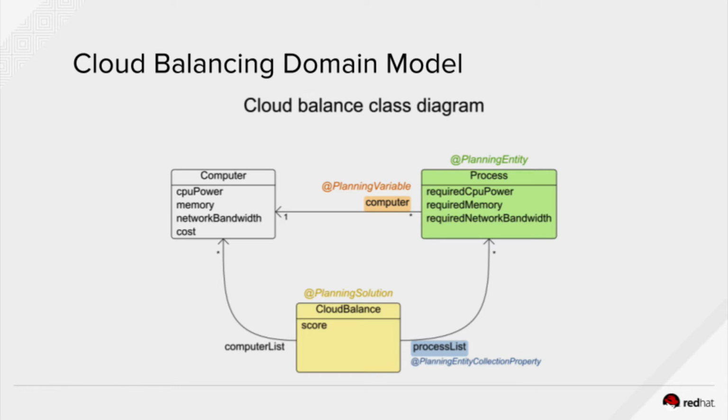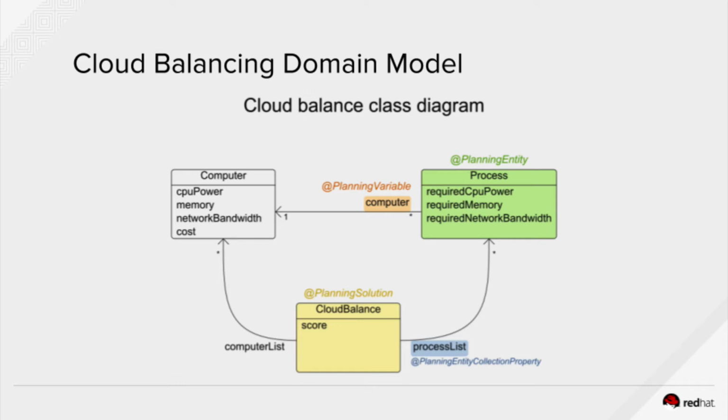The third class that we need to define is the planning solution. The planning solution defines both the initial problem that we want to solve, the solution that OptaPlanner creates, and the score of this specific solution. So let's first look at the problem that needs to be solved. The planning solution contains a list of the planning entities that need to be planned, in this case a list of processes.